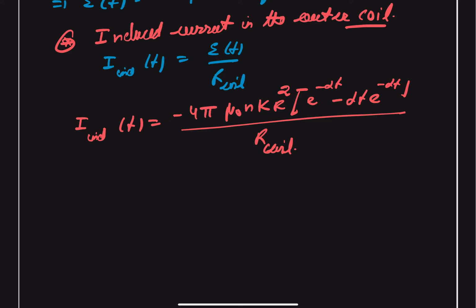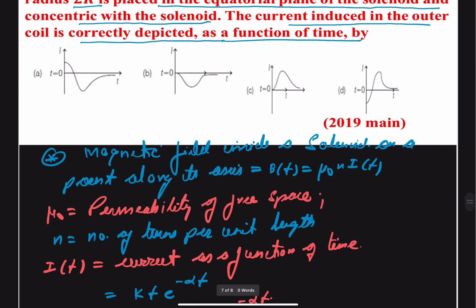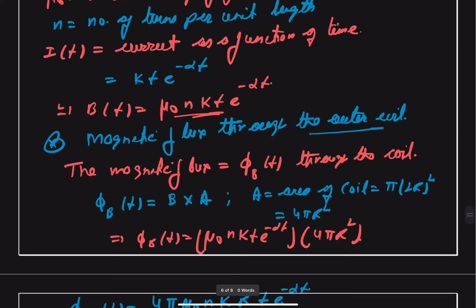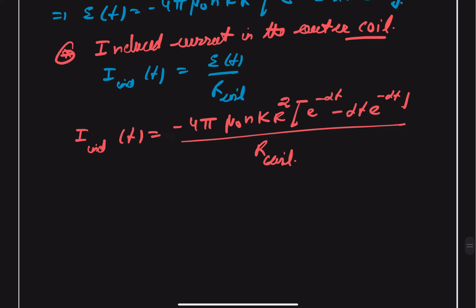And this is the value of induced current. So from the graphical representation, we are going to find out the value of induced current particularly at time t is equal to 0.